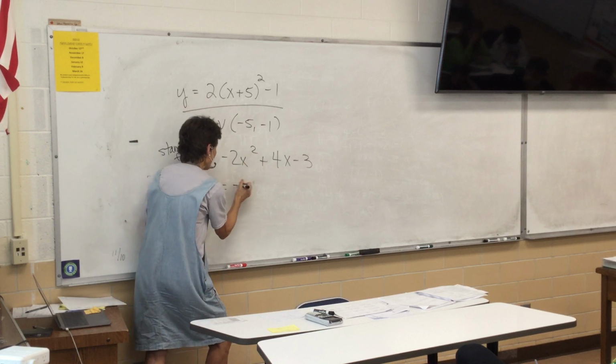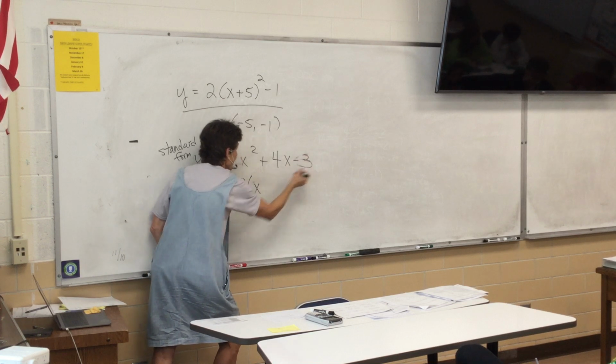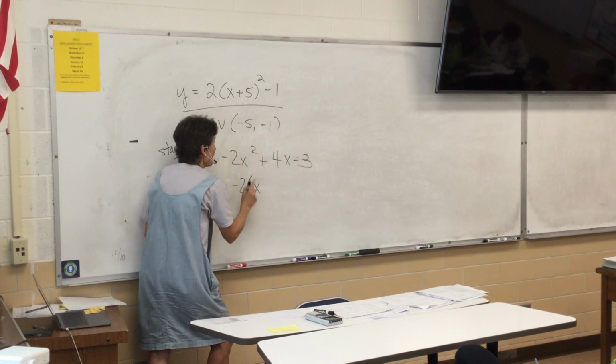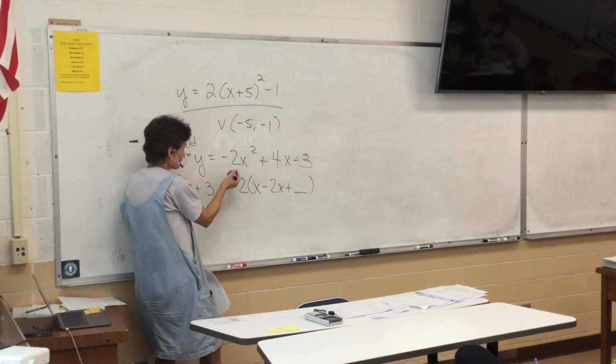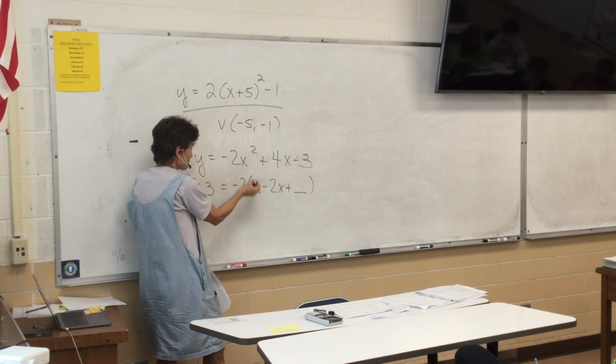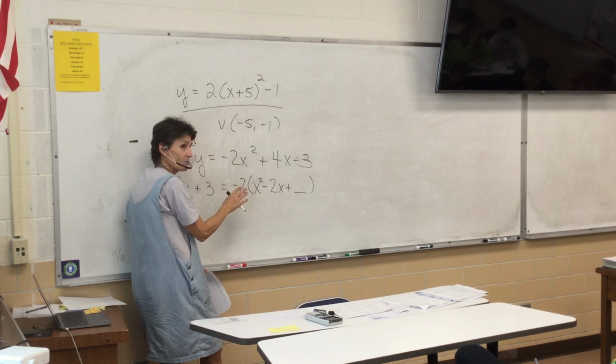Okay? And then I'm going to go ahead, like you said, and factor out a negative 2, but I'm only going to take it out of the x things. So I took out a negative 2, so I have x squared minus 2x. Everybody okay with that?